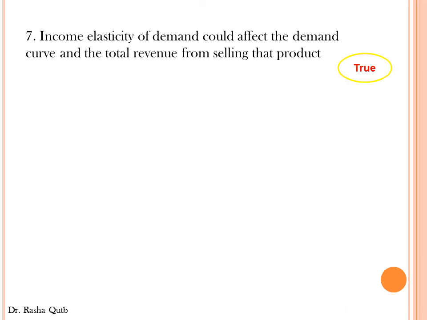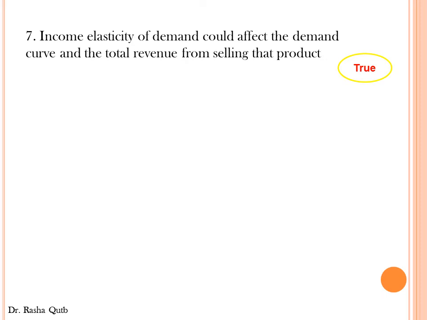In the first case, when income elasticity of demand is greater than 0, when the firm is going to produce and sell a normal good, in this case, when the consumer income increases, the demand for commodity would increase and demand curve will shift outward. And this means that the firm can increase its total revenue by selling the same quantity at a higher price or selling a higher quantity at the same price.